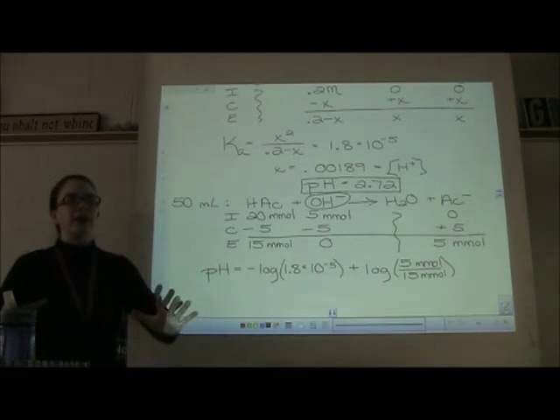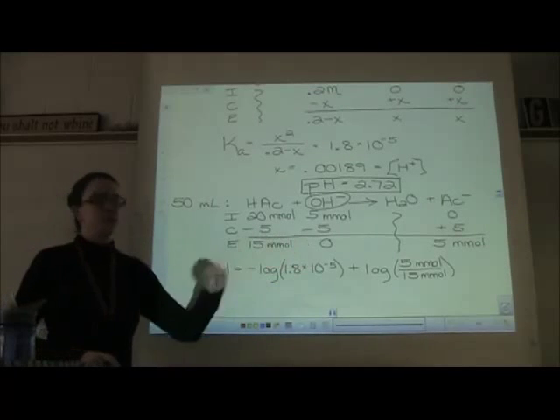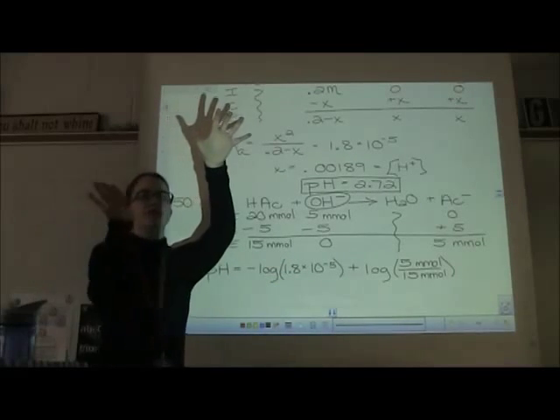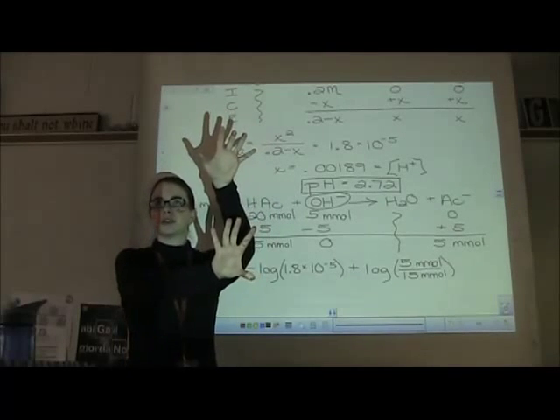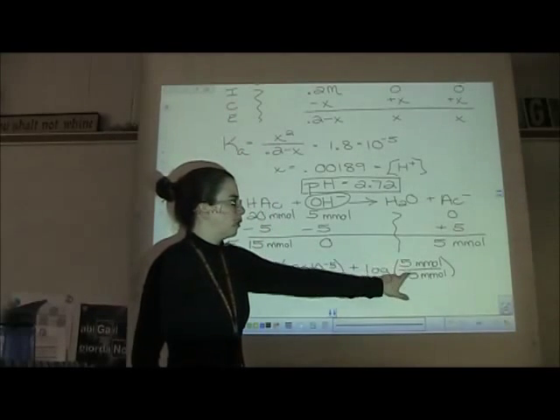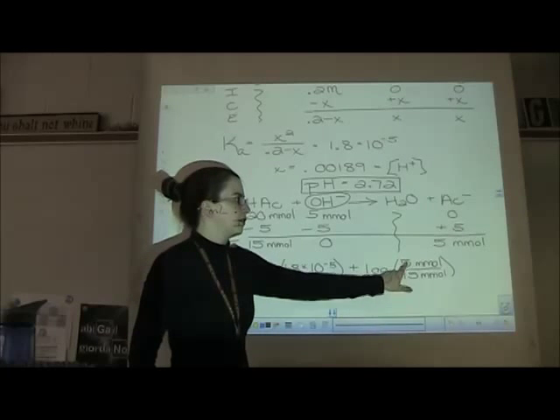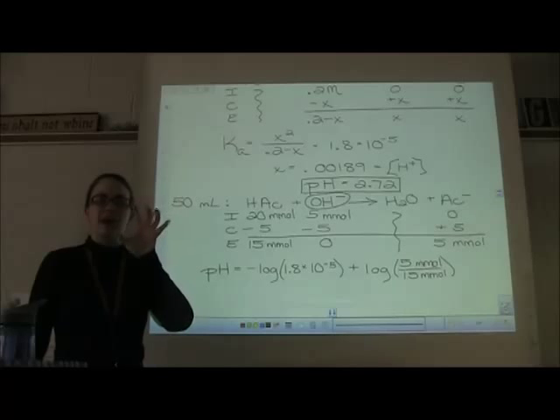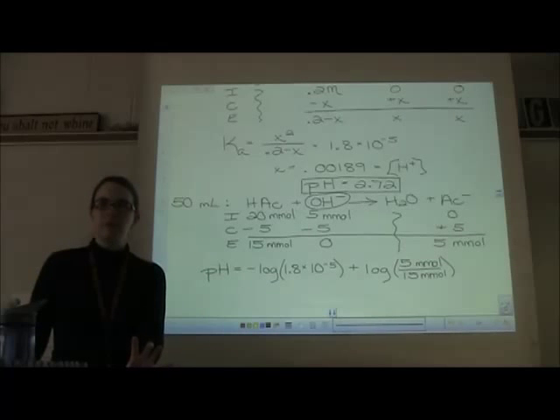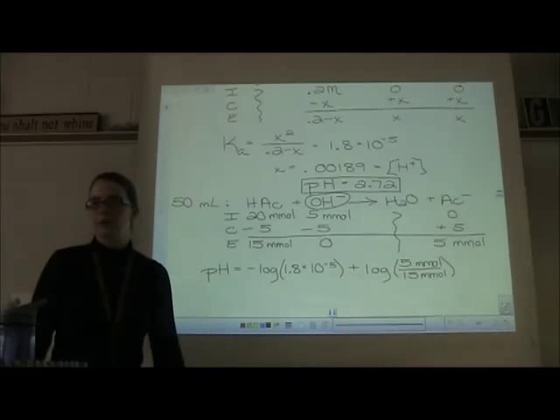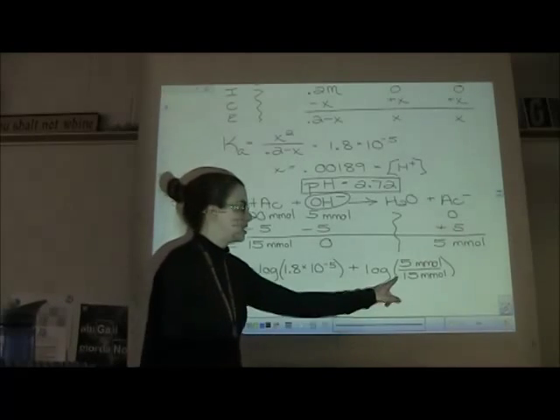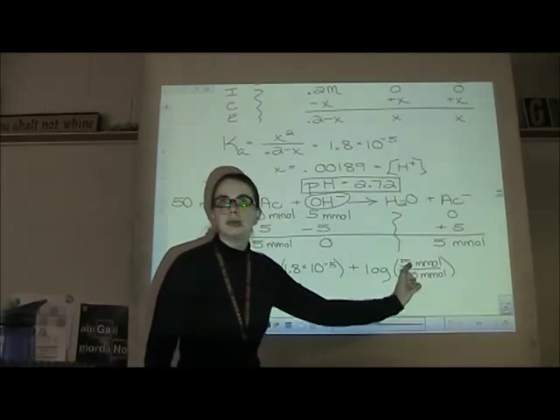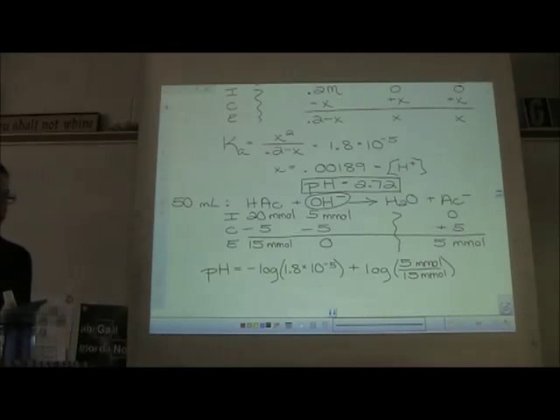The molarity is taken from, let's use millimoles, millimoles divided by milliliters. But for both of these, if I wanted to turn both of these numbers into molarities, I would be dividing by the same volume. They cancel out. It's okay to put moles or millimoles into that equation. That's perfectly legal.